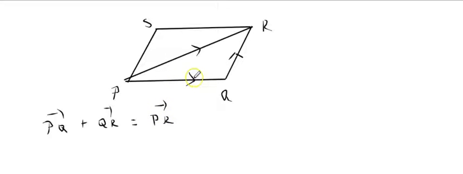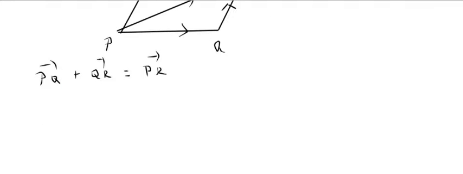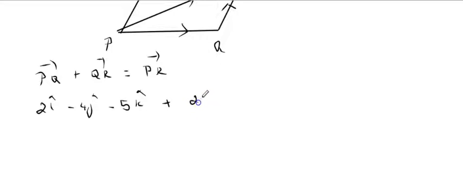Now, given PQ vector can be taken as 2i minus 4j minus 5k. So, PQ vector is 2i vector minus 4j vector minus 5k vector, and QR vector is 2i vector plus 2j vector plus 3k vector.